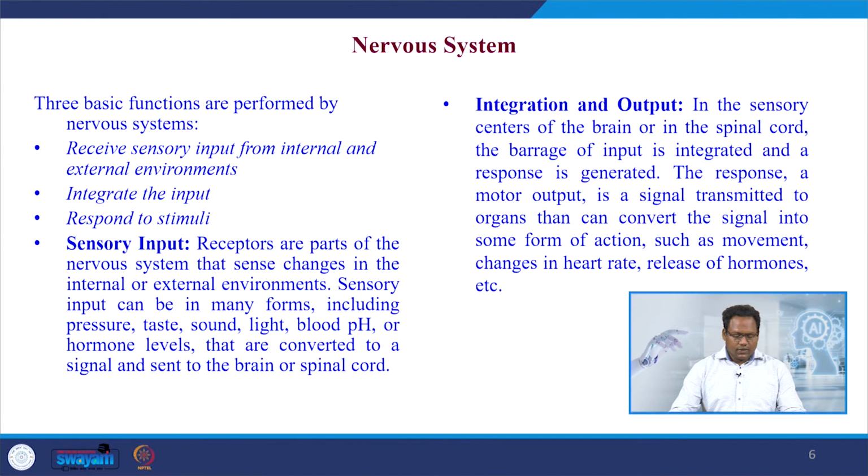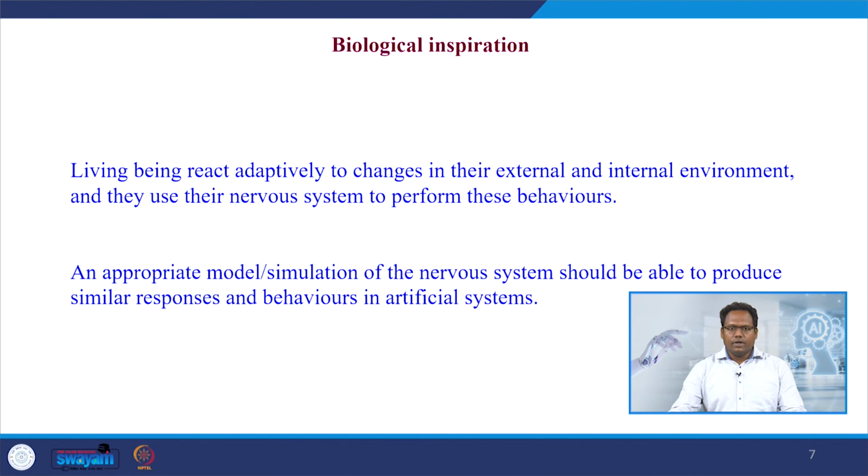Now, let us see the basic functions of our biological nervous system. They receive sensory input from the external as well as internal environments, they integrate the received input, and finally they respond to the stimuli by producing a response or output. So, the biological inspiration is that living organisms react adaptively to changes in their external as well as internal environment, and they use their nervous system to perform these behaviors.